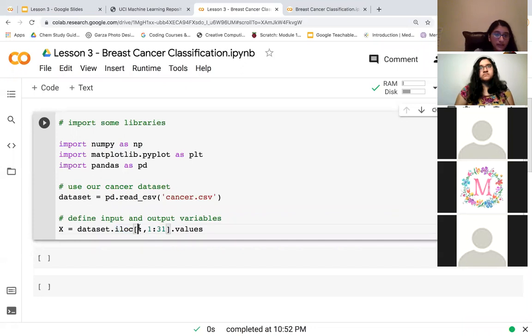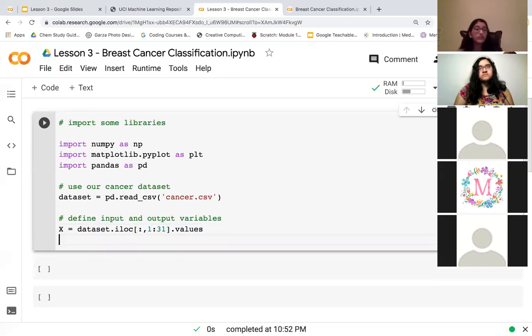You'll see there's a colon here, and then 1 to 31. What this essentially means is that you want all of the rows, and you only want the columns up to that last one. You don't want that last column as X, you only want the rest of the columns.